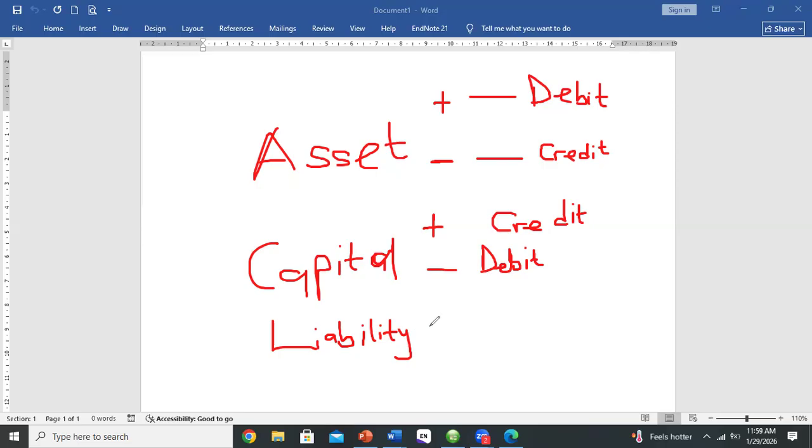For liability, when liabilities increase, let me ask my professors, maybe one of us can tell us. When a liability is increasing, what do we do? Any suggestion?